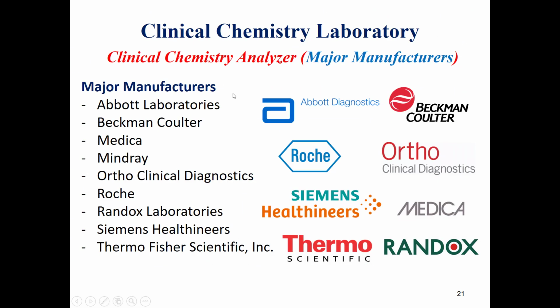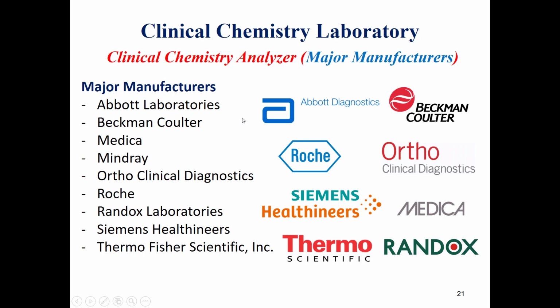We can see here the major manufacturers for clinical chemistry analyzers. The main difference between those manufacturers is the ability to manufacture different sizes. As we said, one of the classifications for the clinical chemistry analyzer is the load size. For example, we have Beckman Coulter, Roche, and Siemens.